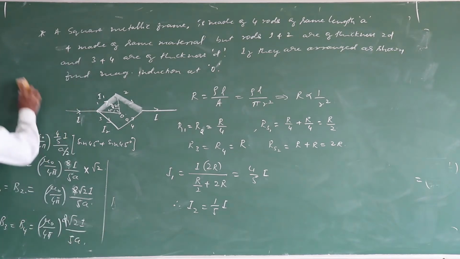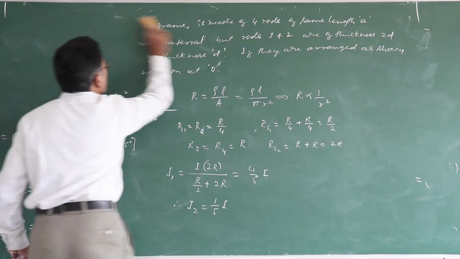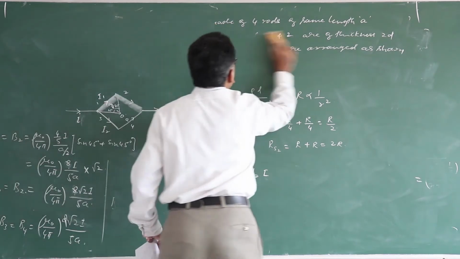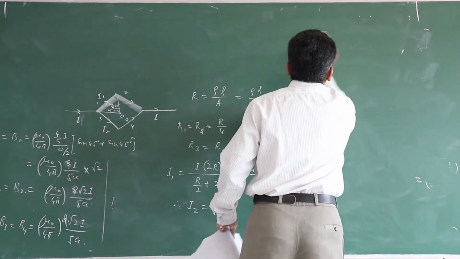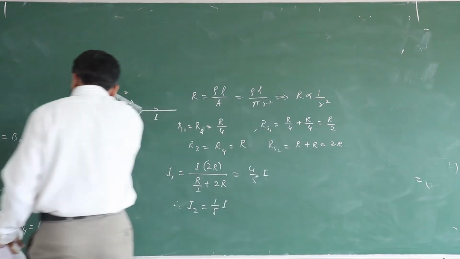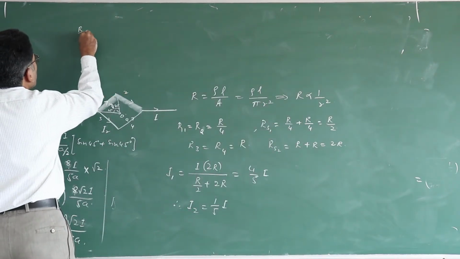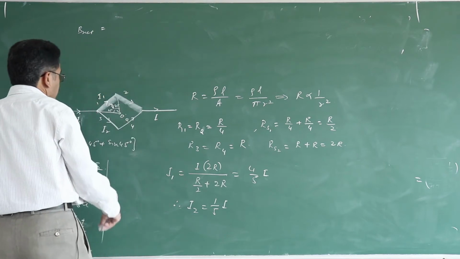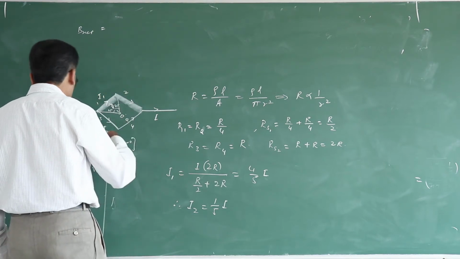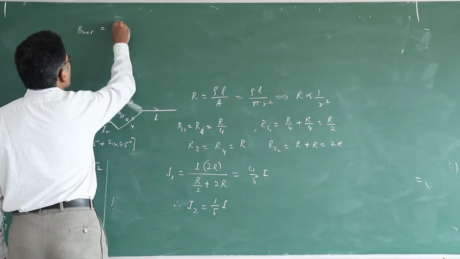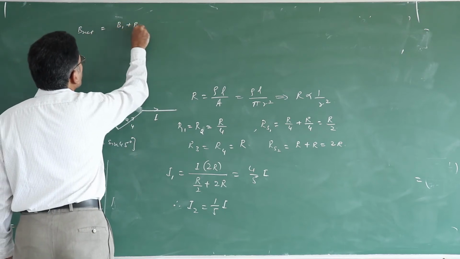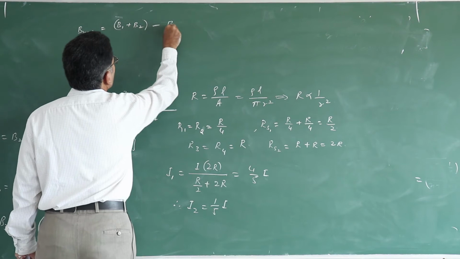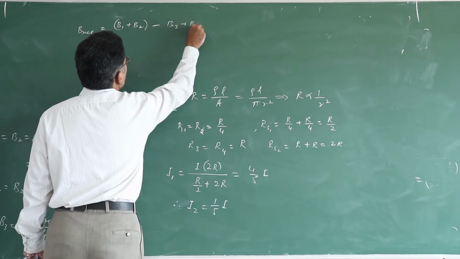The net magnetic field is given by B net is equal to B1 plus B2 minus B3 plus B4.